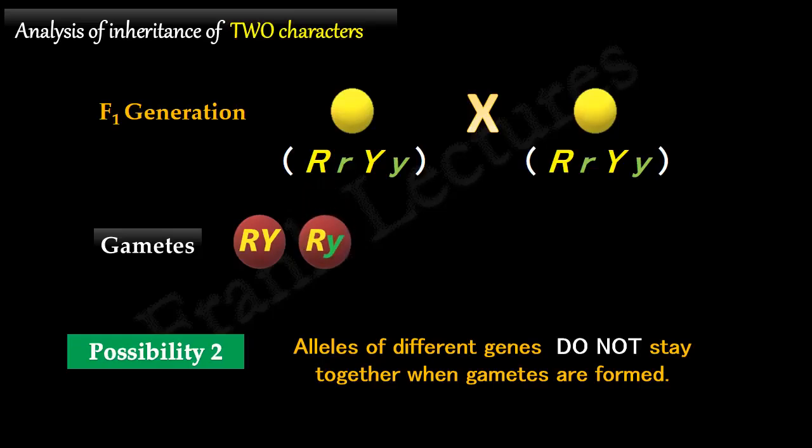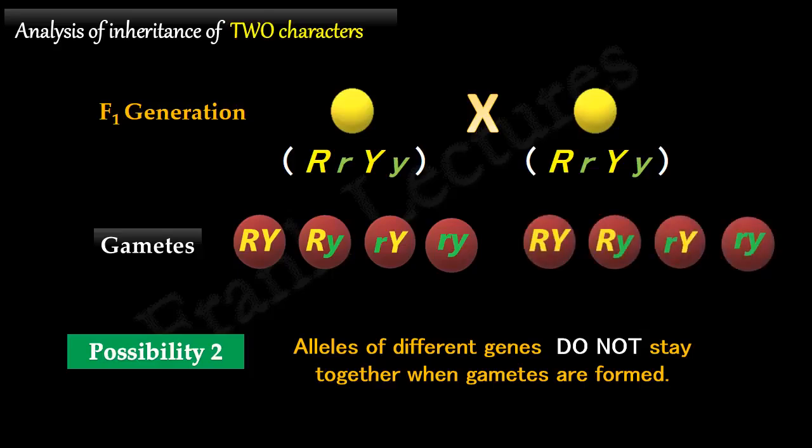Similarly, the allele responsible for wrinkled seed shape can pair with the allele for yellow seed color, as well as green seed color. So, there are four possible combinations of alleles for these two characters, or in other words, four types of gametes. Since both the male and female plants of F1 generation have the same genotype, both will produce the same type of gametes.